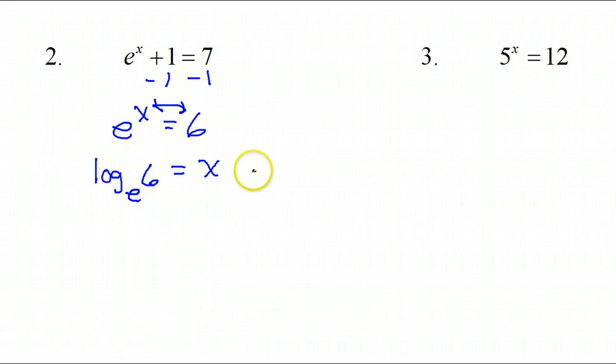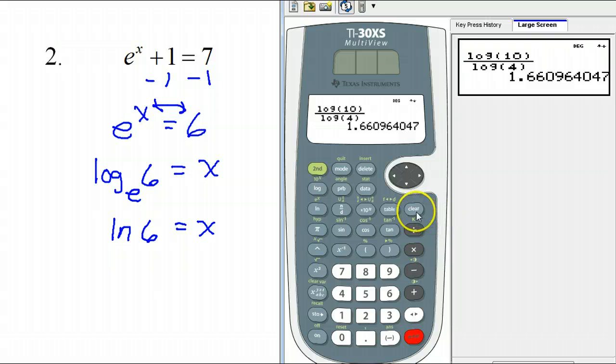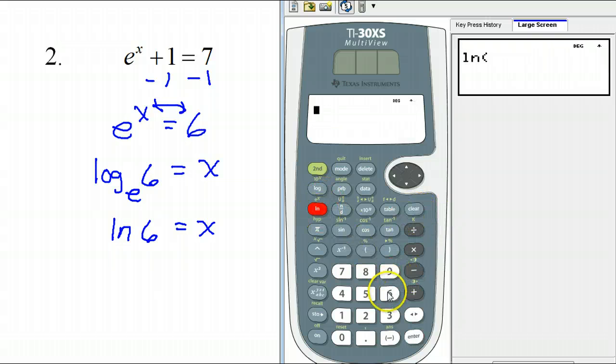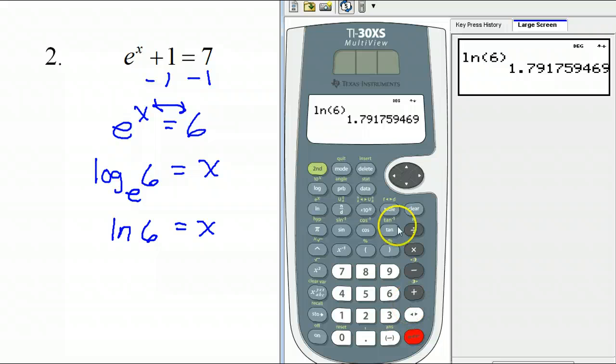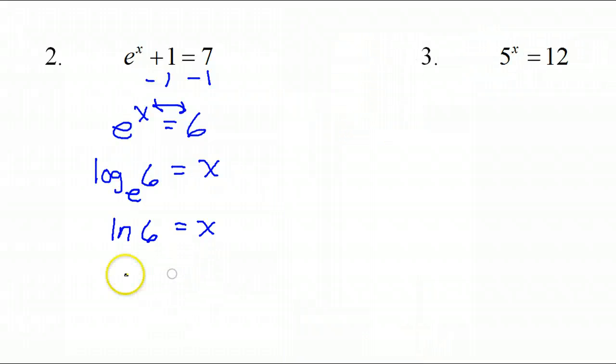You can skip this step if you want, because we would never really put log base e like this, because we know that base e is natural log. So instead of writing log base e of 6, we will just put natural log of 6 is equal to x. And we don't need a change of base formula then, because we can just do natural log of 6. So 1.79.